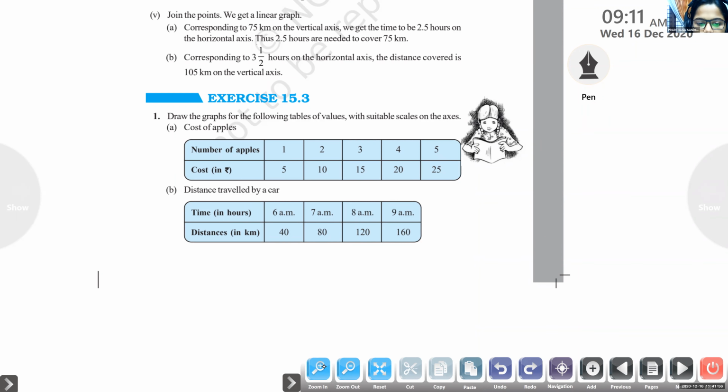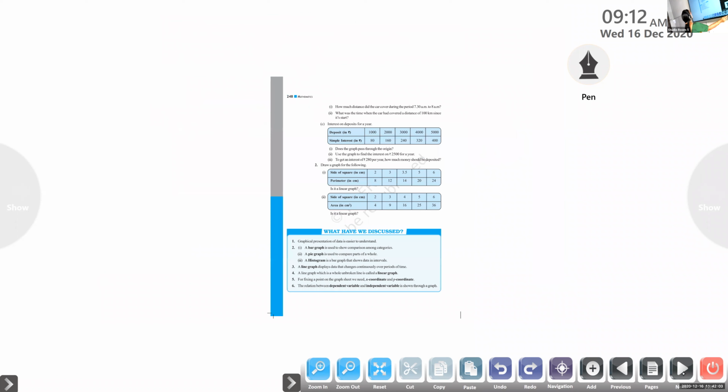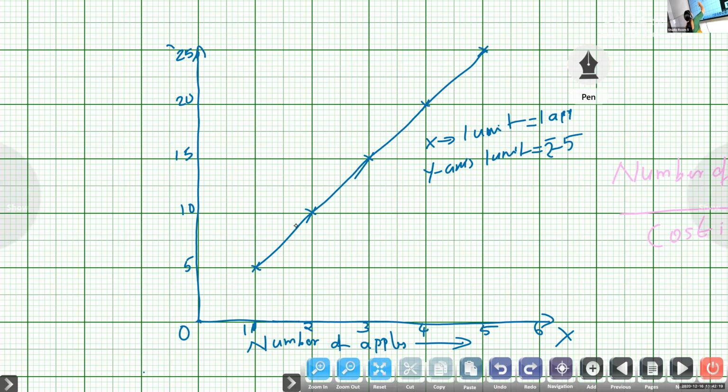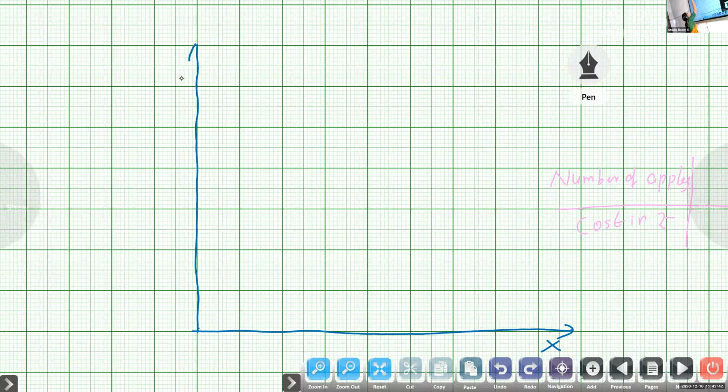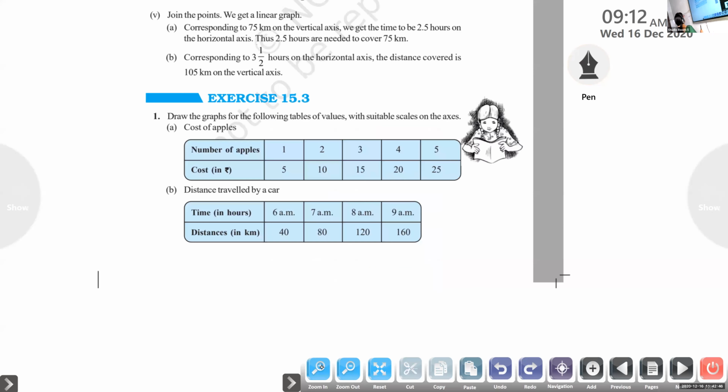Ma'am, on the x-axis we can take time taken in hours. Yes, 1 unit is 1 hour.